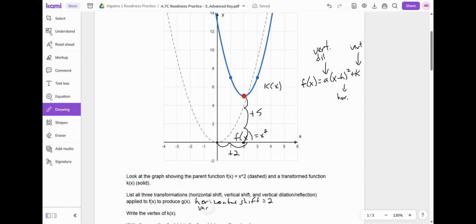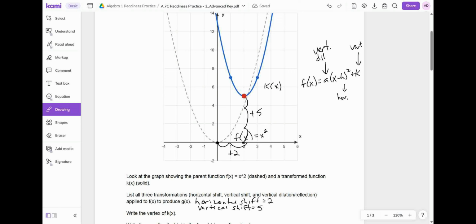We've got a vertical shift. That would be the k, and that's just a plus k on the outside. That's a 5. So let's look for our dilation, our vertical compression or vertical stretch. It's going to be easiest to look at what happens when we move 1 unit.